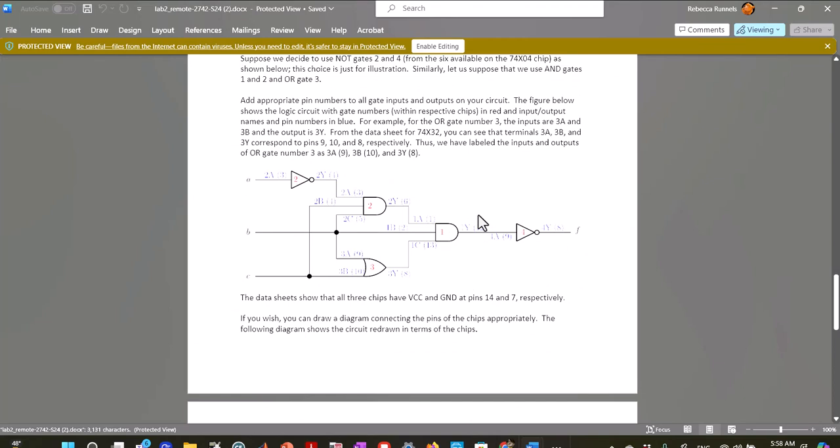Okay, so that is the way that we want to label our circuit. Okay, we have the pin number in parentheses.